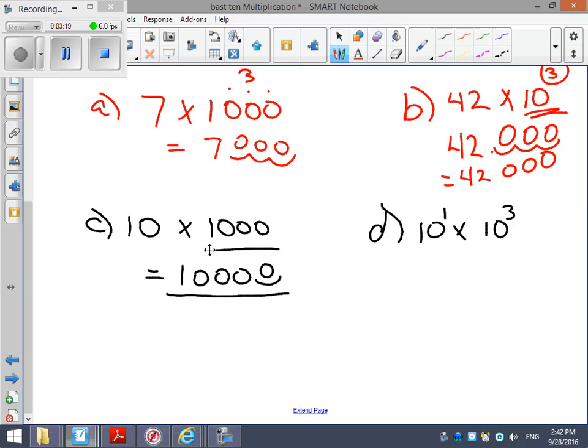But there's a rule for doing this really quick, and the rule is if the bases are the same, and they are, they're both 10, all we have to do is add the exponents. So in this case, we would leave the base the same, and we would add those exponents, and 1 plus 3 is 4. We know that 10 to the 4 is 4 zeros, and that's the same as that. And that's kind of how we're proving it out. So remember, here's your rule for you.